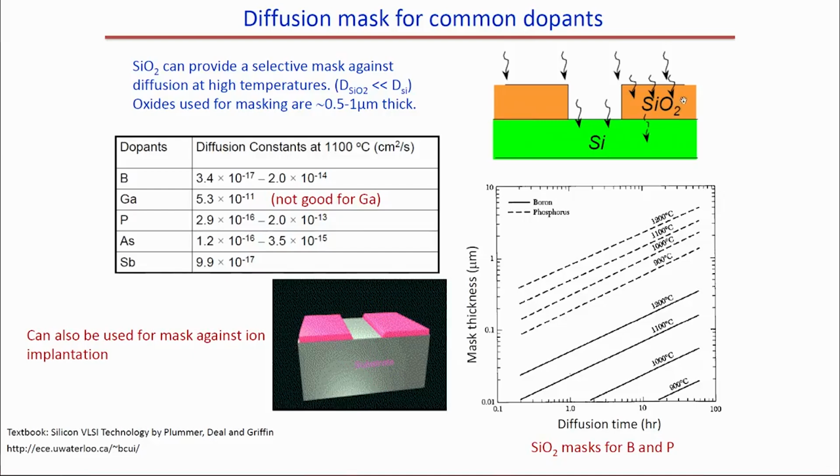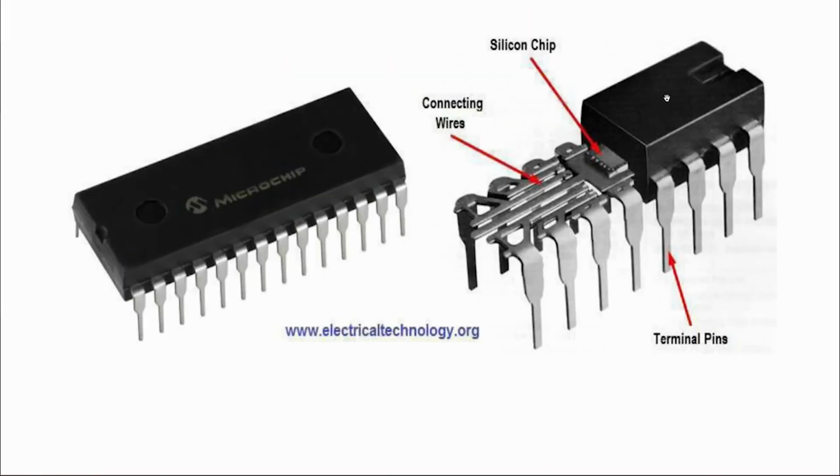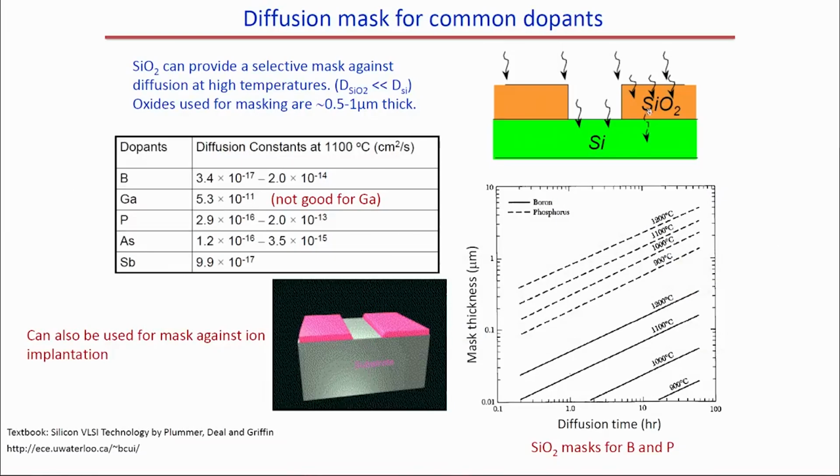So, silicon dioxide over silicon substrate is grown on silicon and patterned such that a window is created in the center and silicon dioxide is protected on both sides of this window.